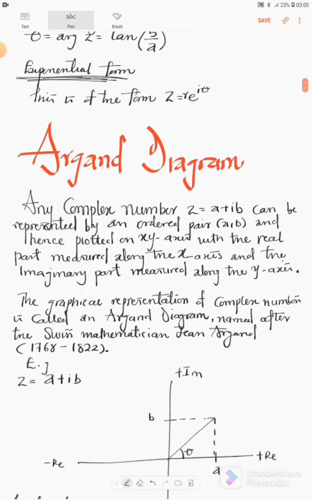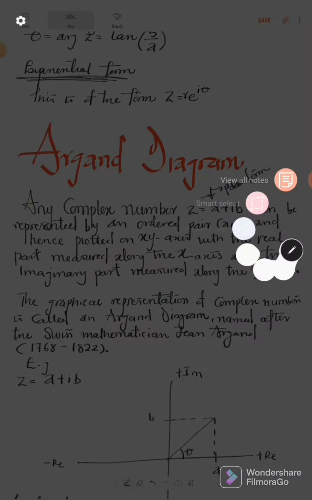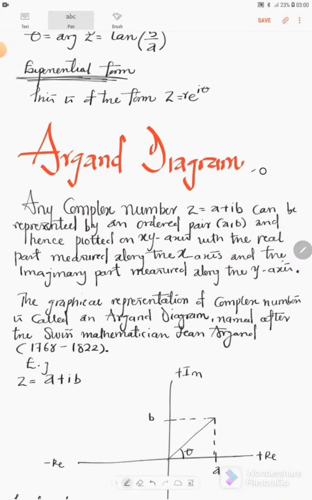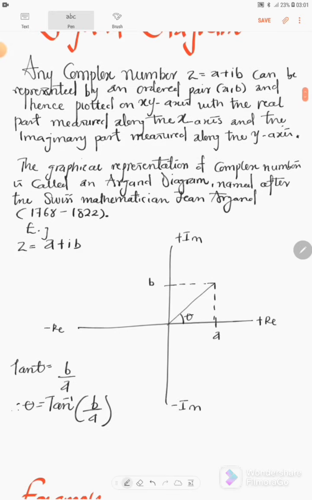Any complex number z equals a plus ib can be represented by an ordered pair (a, b), and hence plotted on the x-y axis, with the real part measured on the x-axis and the imaginary part measured along the y-axis. The graphical representation of complex numbers is called an Argand diagram, named after the Swiss mathematician Jean Argand, who lived from 1768 to 1822.